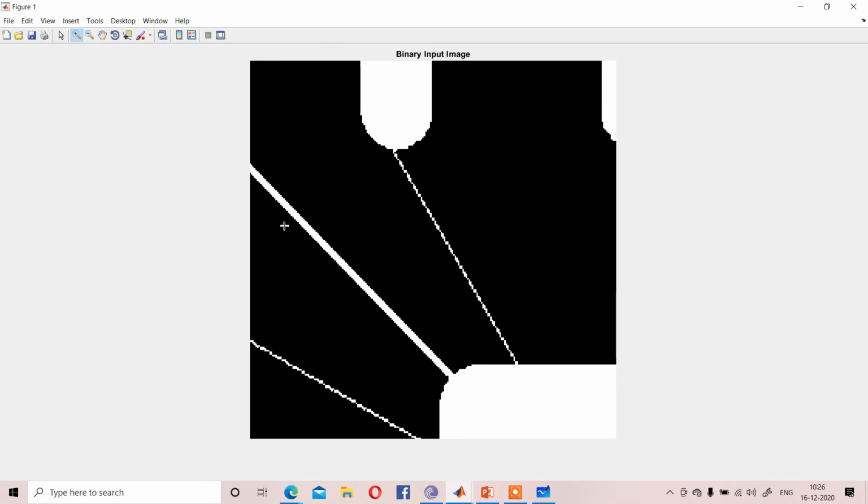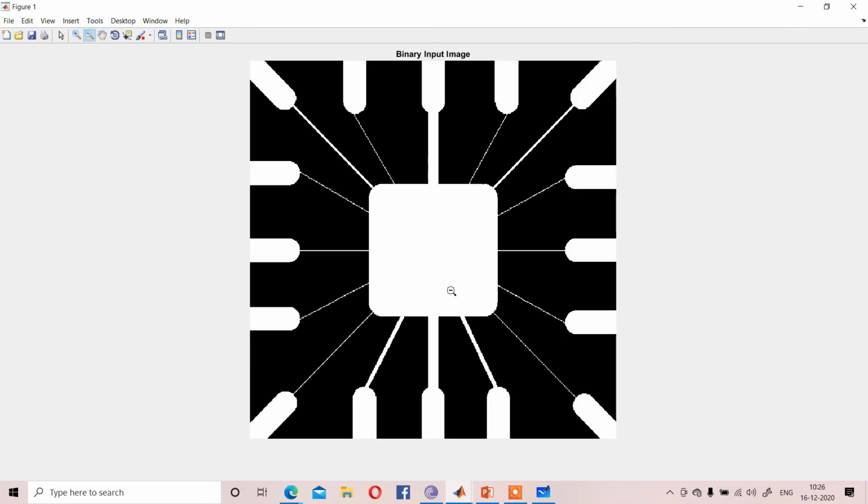So whenever you do the erosion depending on the structuring element, first that portion will be removed, second that portion will be removed. Clear or not? Okay, that is the image where you have to do the erosion process.